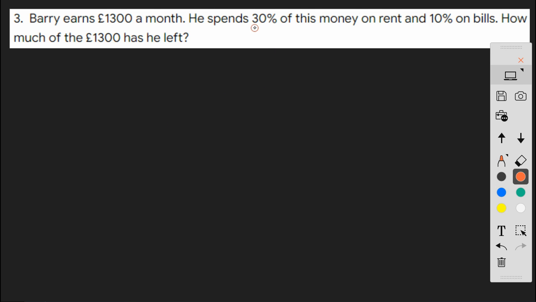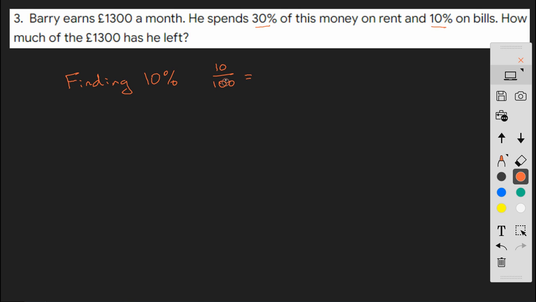Okay, so question 3 is the first of our percentage questions, and we've got to find 30% of this money and also 10% of this money. Now, finding 10% is one of our key math skills. So hopefully we remember that 10% means 10 out of 100.